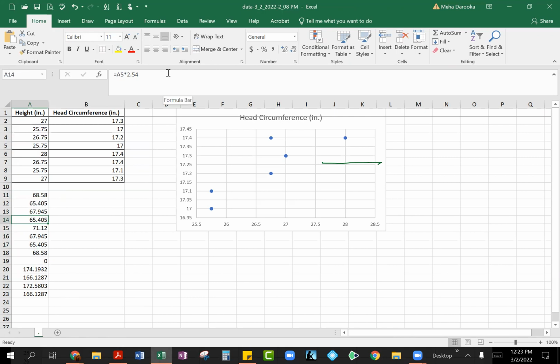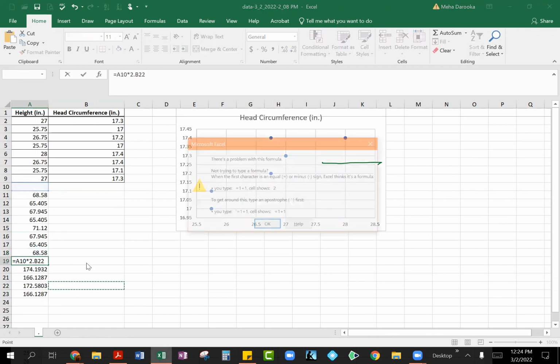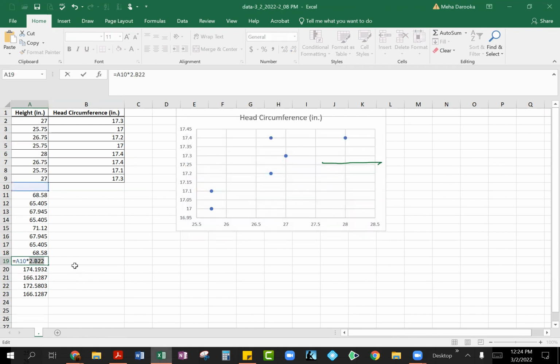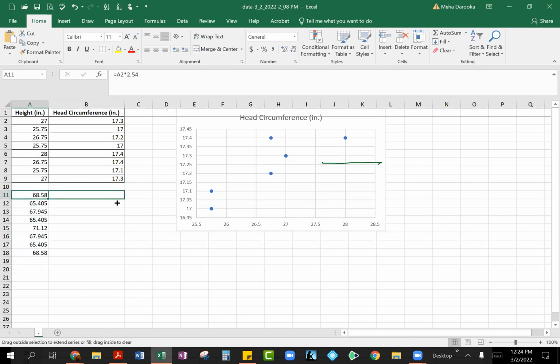So this is A3, A4, A5, which should go all the way to A9. We don't need this; this should be the last one because that will be for A9. Then you can repeat that on the other side for the height. So this will be B2 times 2.54, and then just bring that down.